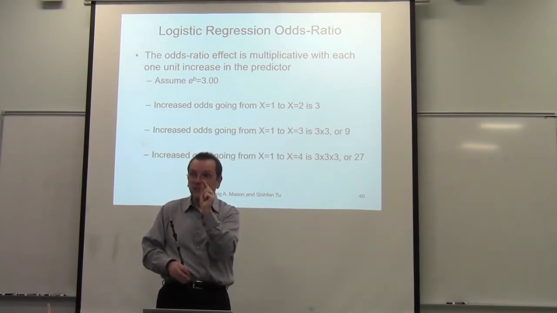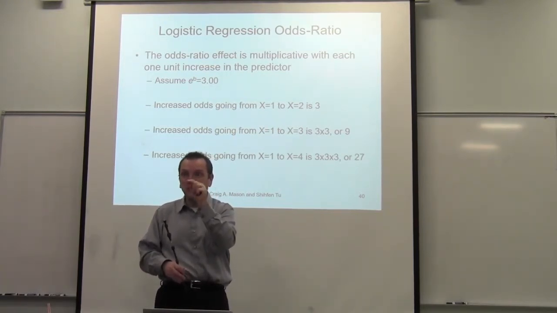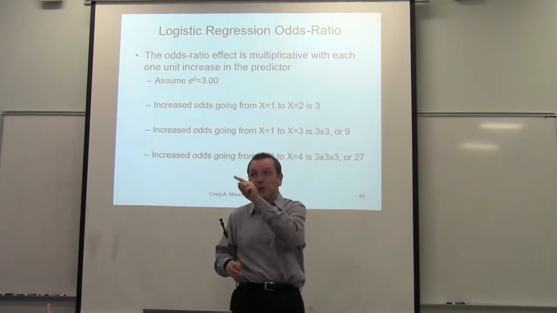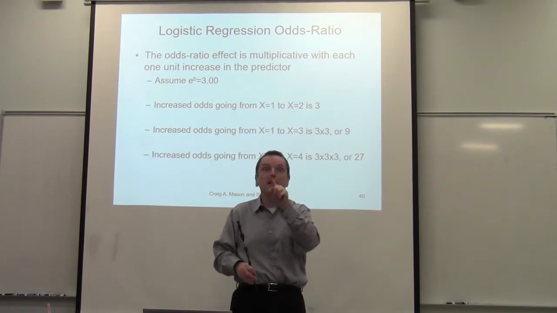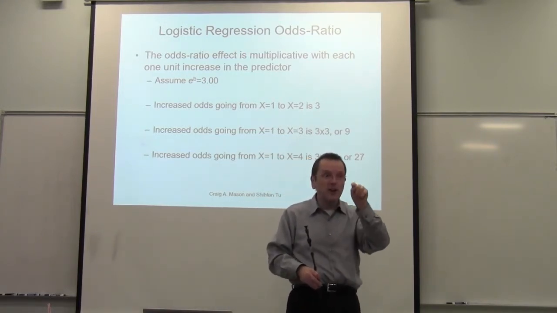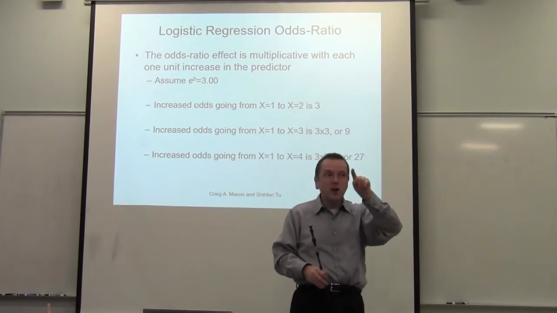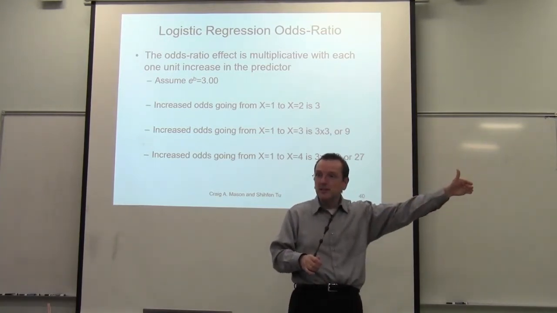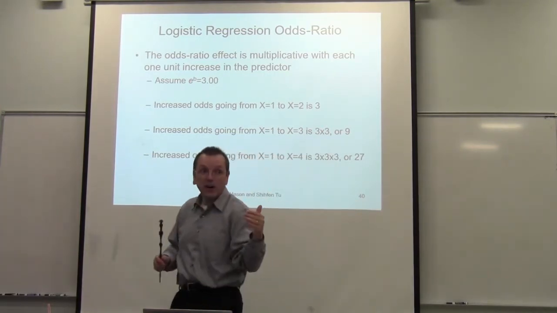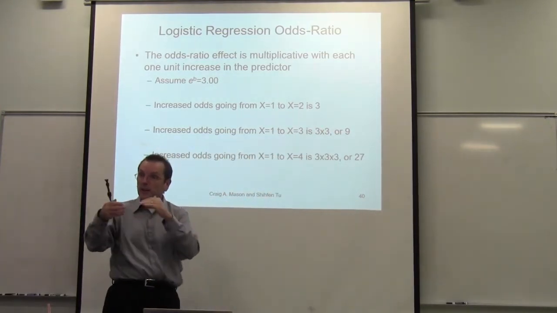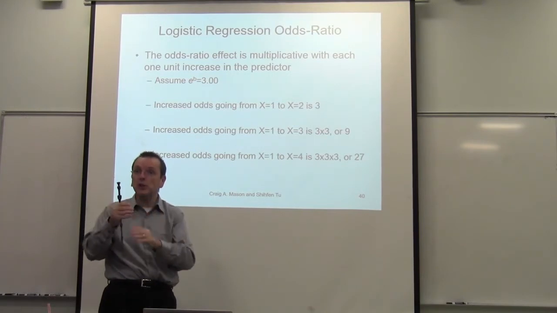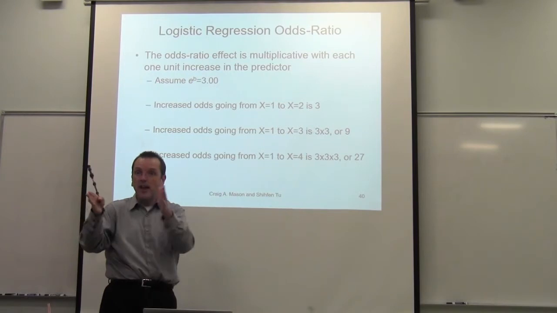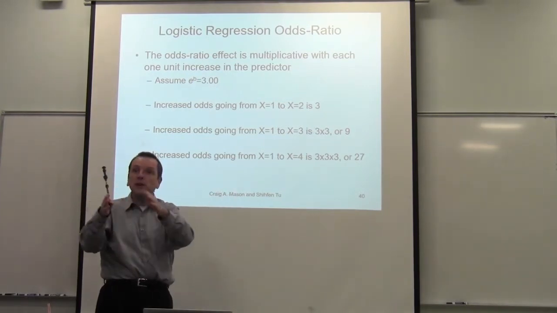But on the other hand, it's 1.001 times 1.001 times 1.001, day after day after day, and as you start to multiply a lot of changes in x, it can get very large. So it's tricky to just look at the odds ratio. You need to look at what the range of x is and look at that cumulative effect over that range.